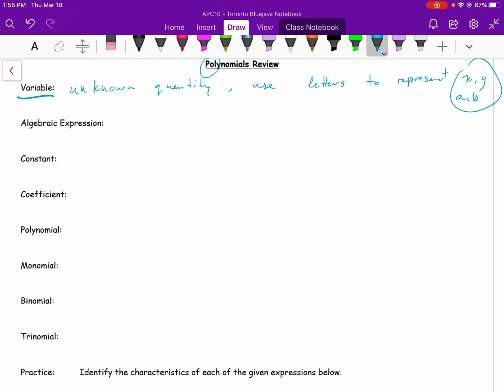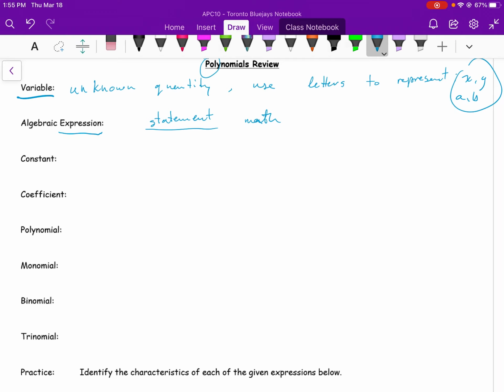An algebraic expression. Though the word is expression, it just really means it is a statement in math.